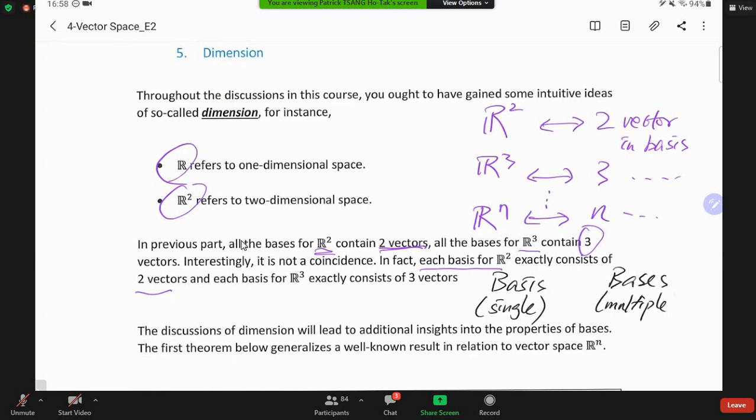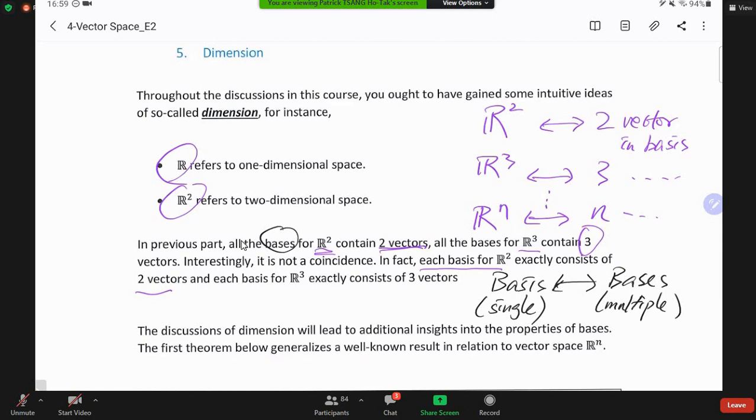For example, all of the bases in R2 space means more than one basis for R2 space, but they will each contain 2 vectors. I hope you can see the relationship of these 2 words. Don't get confused.